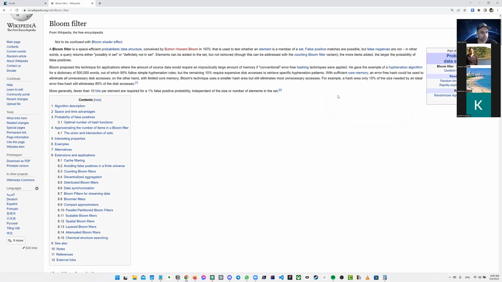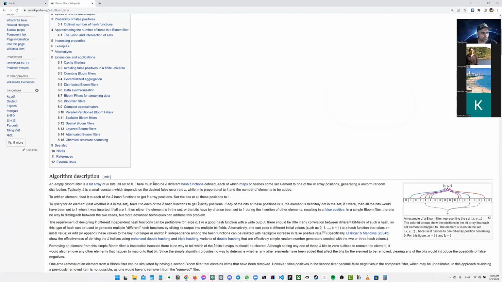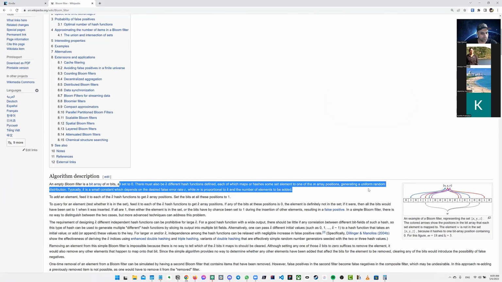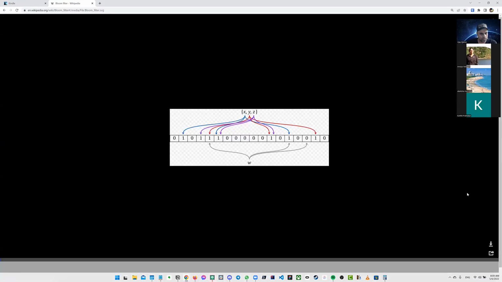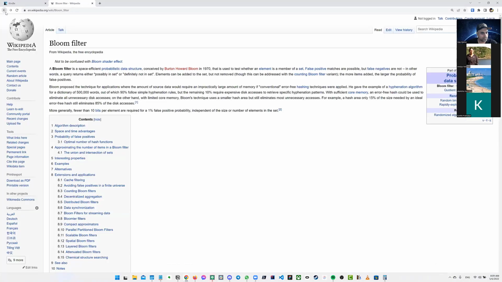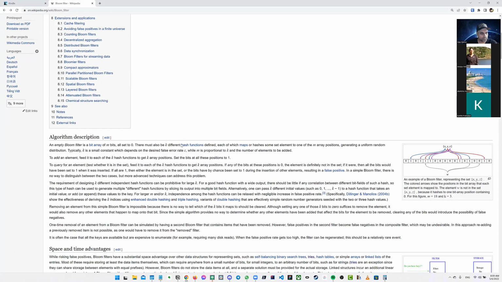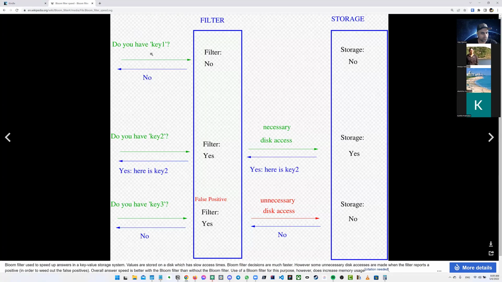When the Bloom filter comes back saying a certain key is not present, you can trust it. You can say it's 100% not there. But when it comes back with a positive answer, there is a chance the key might still not be present. That's why it's called a probabilistic data structure. It doesn't give you a Boolean answer. But I don't know exactly how it works.